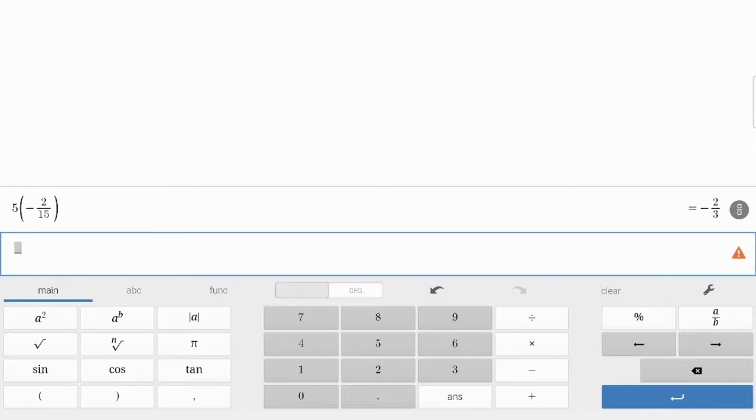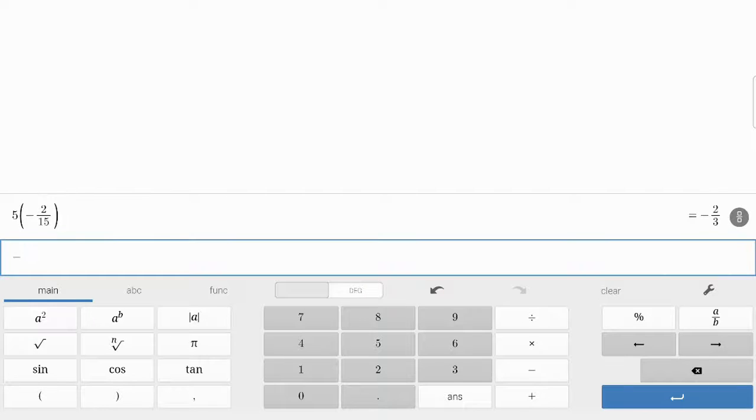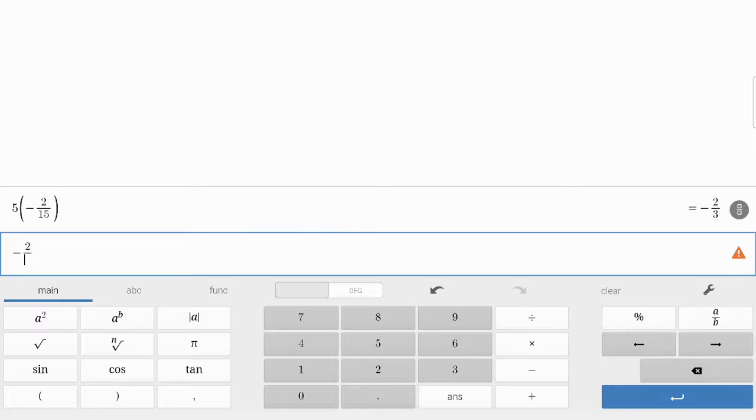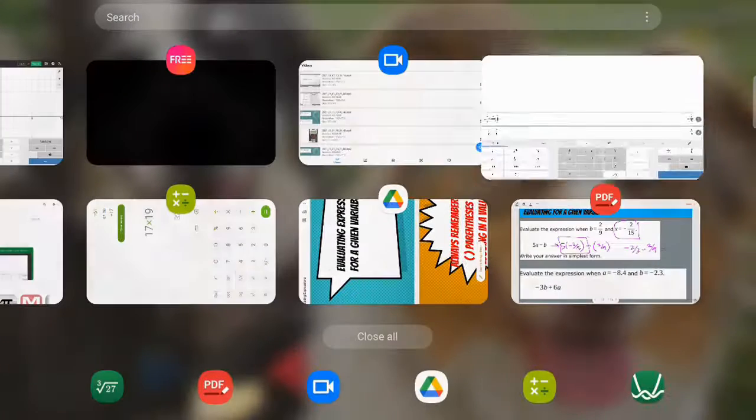Whoops, I forgot to put the negative up front. -2/3 minus 2/9. And my answer is, as a fraction, -8/9.